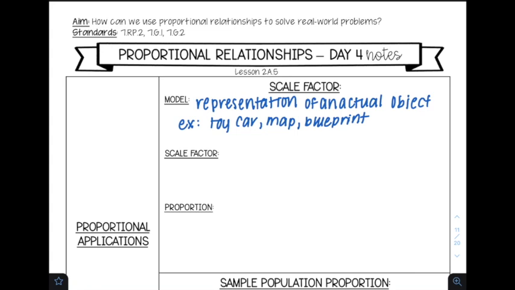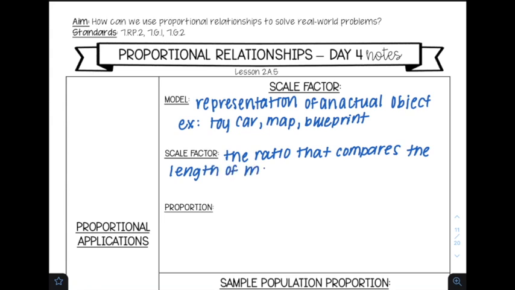So scale factor is going to be the ratio that compares the length of the model to the actual object.